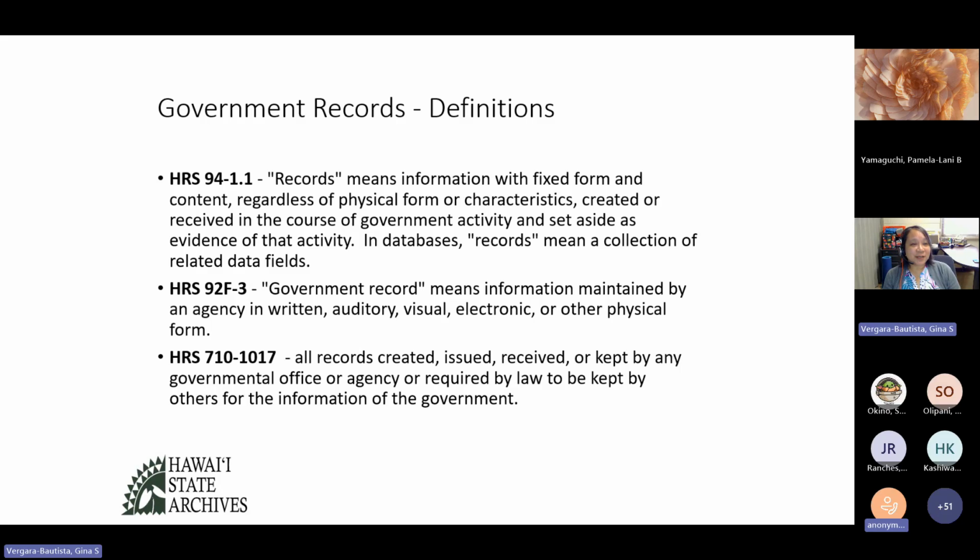They want to make sure that government records are not tampered with. The definition says all records created, issued, received, or kept by any government agency or office are required by law to be kept by others for information of the government.